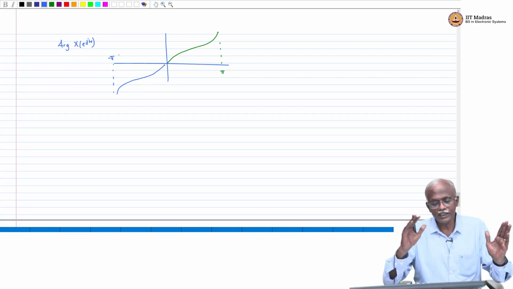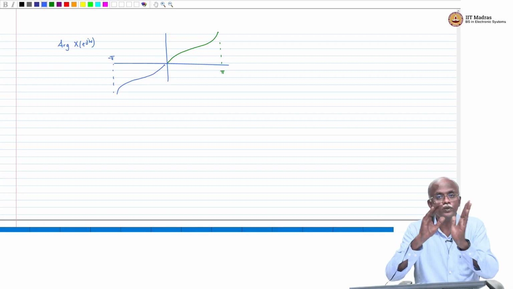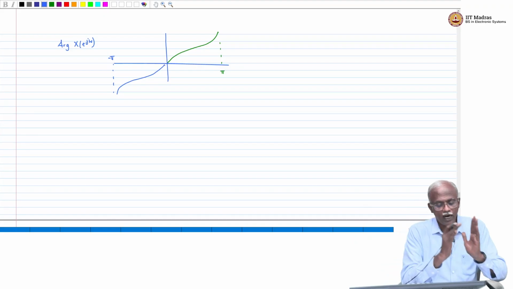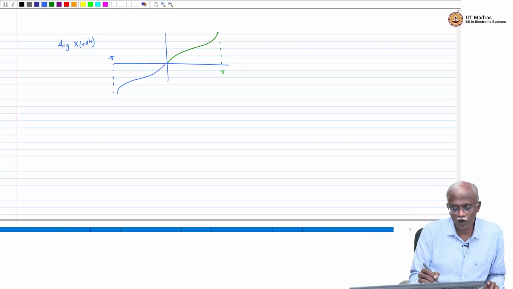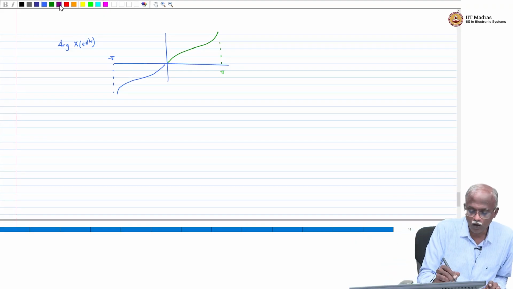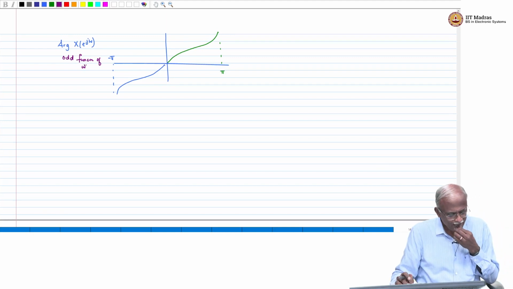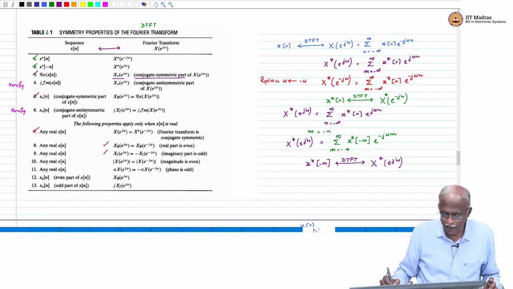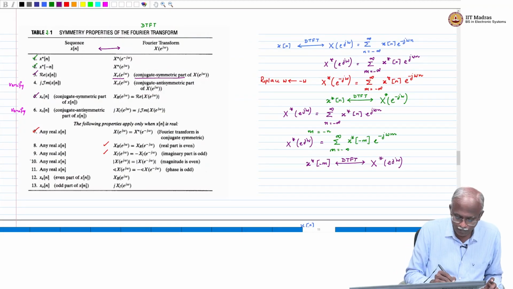This is what it means that the magnitude is an even function, the argument is an odd function of ω. Let's go back and look at our table. We have proved that the magnitude response is an even function, the phase response is an odd function.